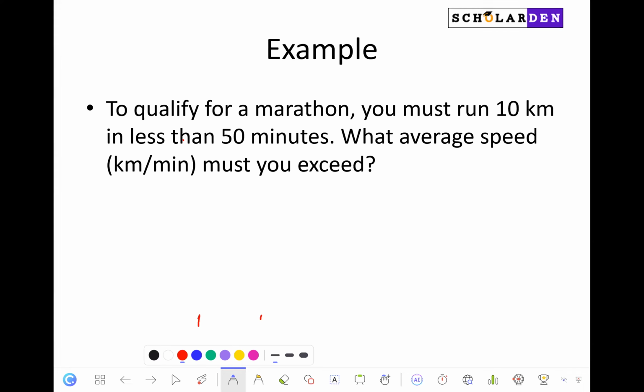Then we take that chunk and further divide it into the number of minutes, and we get the answer in the required units.